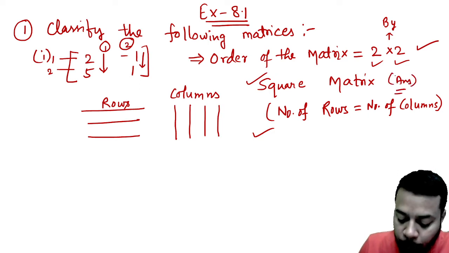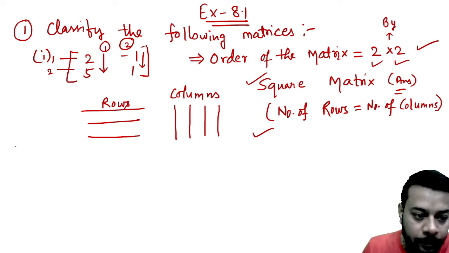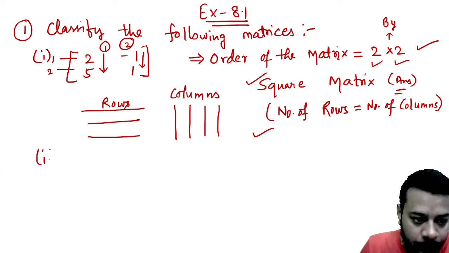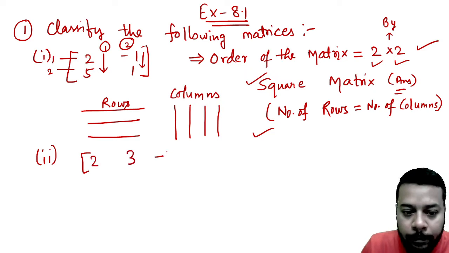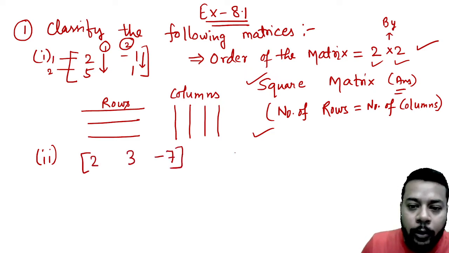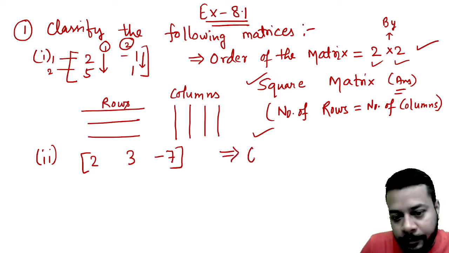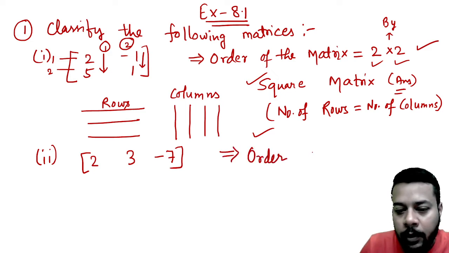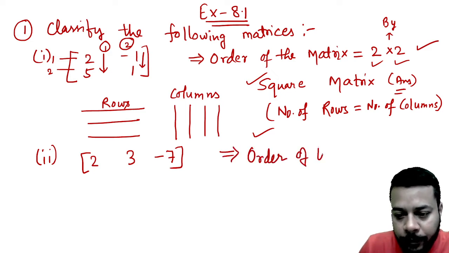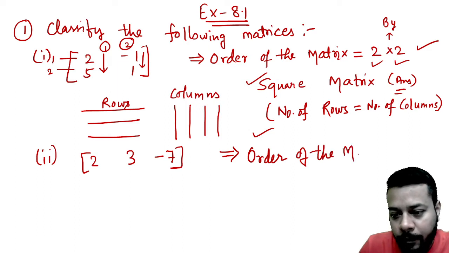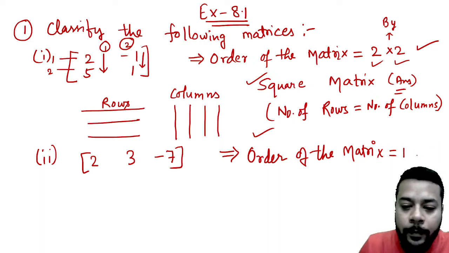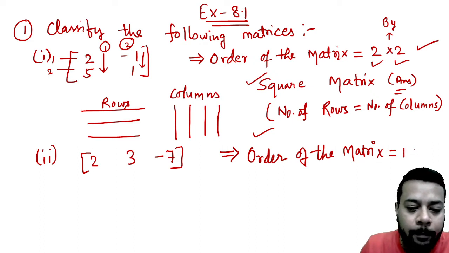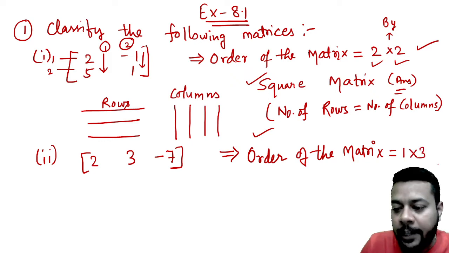Well, moving to the next question. It is 2, 3, -7. So here if you see, the order is what? Only one row is there, but three columns are there, right?